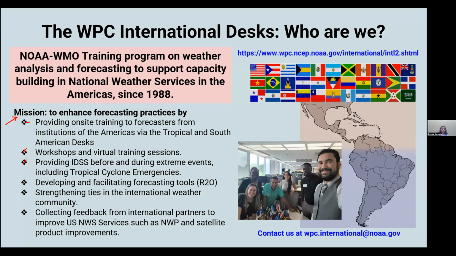We also develop and facilitate forecasting tools, research to operations, on our website, which is at the top right. You'll see that there are a few algorithms or forecasting tools that have been developed at the desks with the help of the trainees that have passed through over the years. They focus on severe weather and convection, just for a few examples.